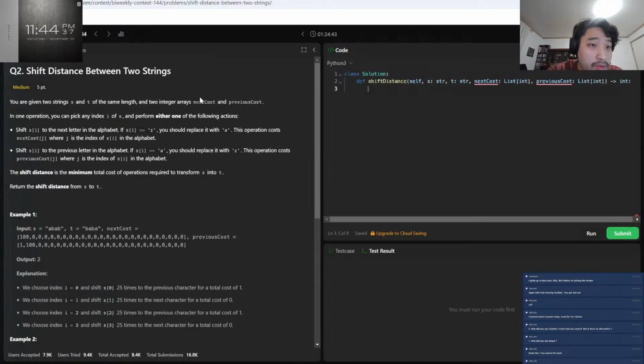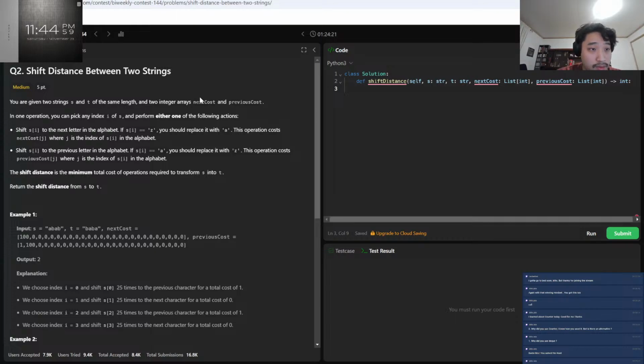Shift distance between two strings. You're given two strings S and T of the same length and two integer arrays, next cost and previous cost. In one operation, you pick any index i of S and perform either one of the following actions. Shift S[i] to the next letter in the alphabet. If S[i] equals z, it is replaced by a.